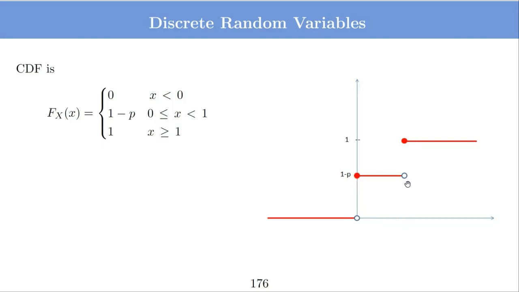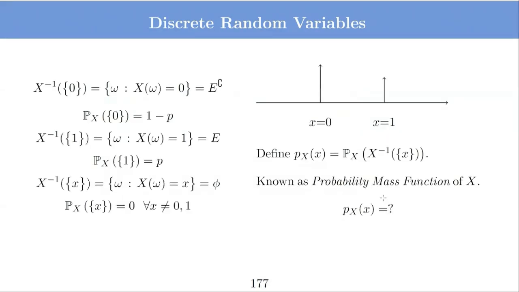Similarly here, the set minus infinity comma 1 open has a probability of 1 minus p, and the set minus infinity comma 1 closed has a probability 1. So this means the probability of singleton set 1 is p. You can understand this from here also.